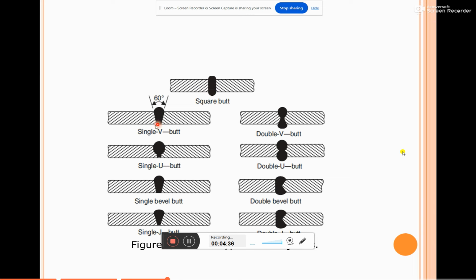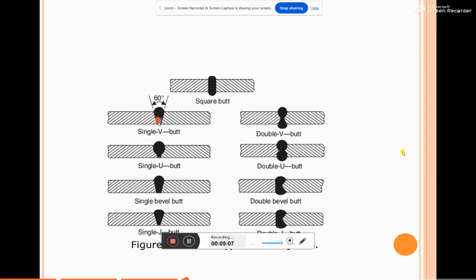The second one is the single V butt joint. In this joint, the edges of both pieces are beveled. This is one workpiece and this is another workpiece. You can see that the edges of both pieces are beveled at an angle of 60 degrees to create a V-shaped groove.